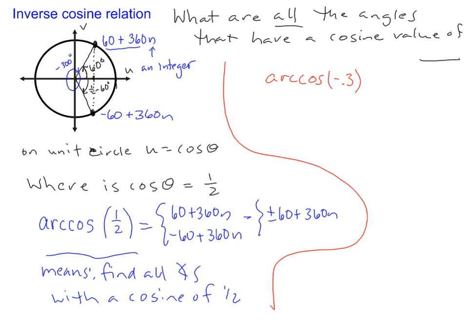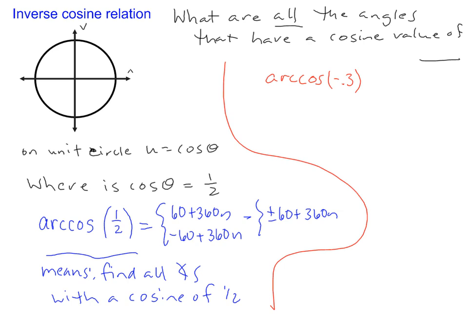And actually, I think what I'm going to do is erase all this stuff here on this picture so I can draw it again. But we're going to use the same drawing. Okay. Arc cosine of negative 0.3. So let's just draw the picture. We're not going to worry about anything other than a conceptual picture at this point.